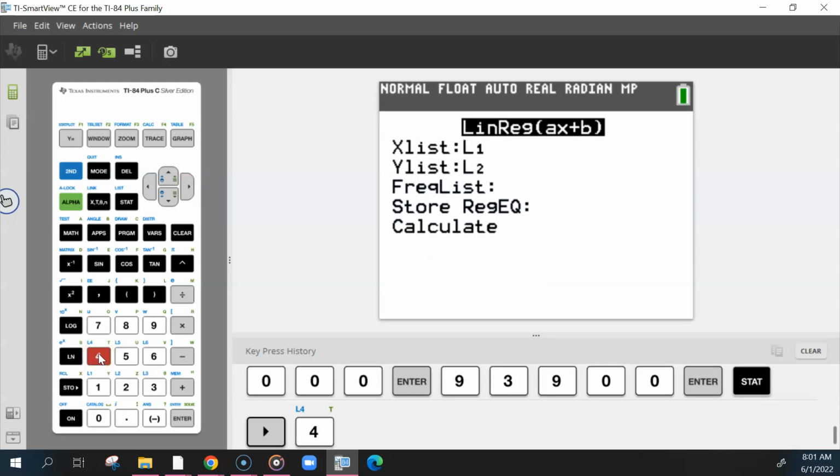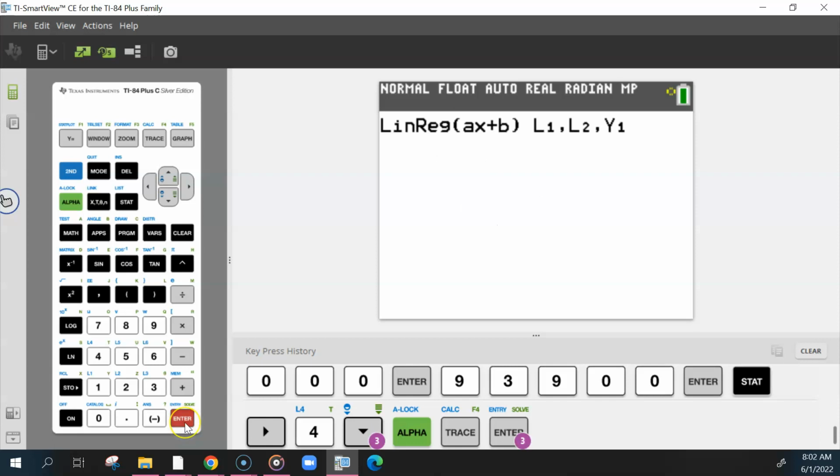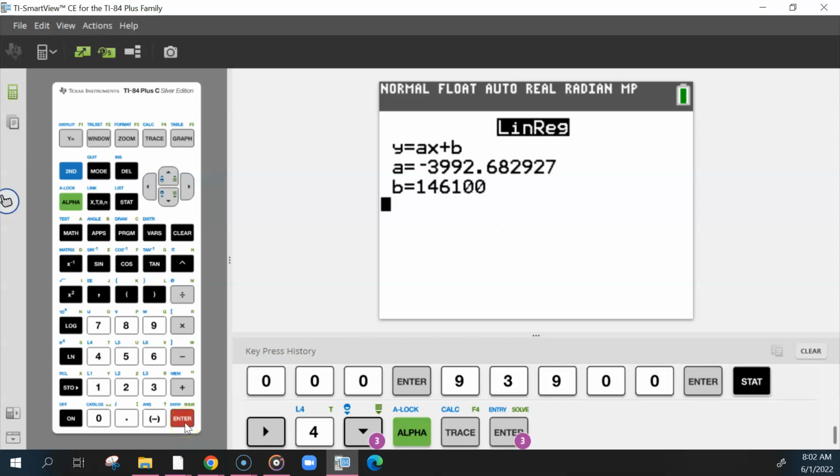And because this is asking about certain years, like we're going to input data, we want to store this. So go down to store regression equation and hit alpha trace. And then hit enter 3 times. And you should get this equation.